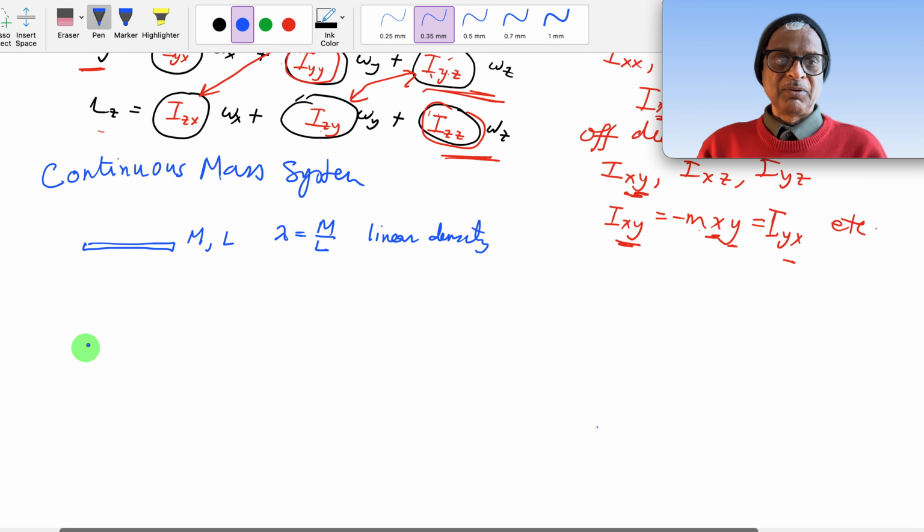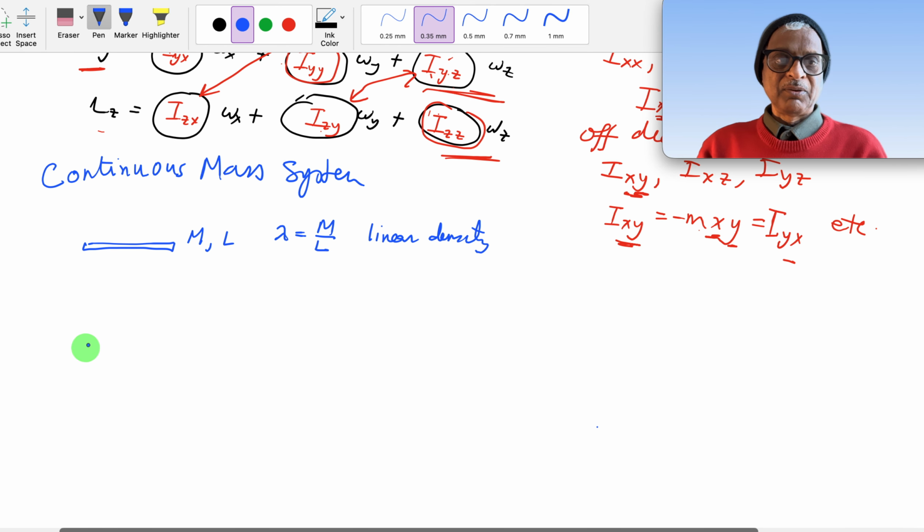Then density is given by rho, mass over volume. And this is a regular three-dimensional density. So this symbol is lambda, sigma, and rho. These symbols are normally used in a physics context. Okay. So let's see. Suppose we have this system, and we want to compute these things for that system.